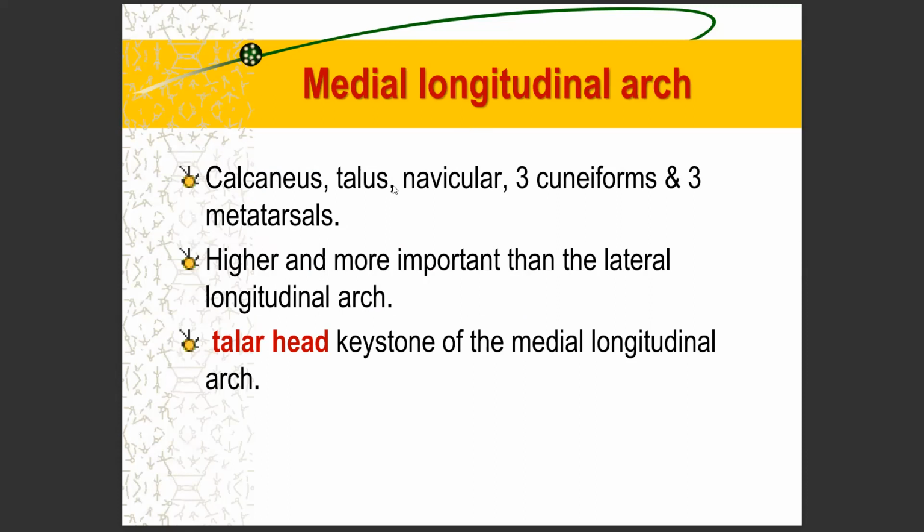So the calcaneus, talus, navicular, and three cuneiforms make six tarsals, while there are 7 tarsals, which means the cuboid is not involved. The remaining 6 tarsals and the 3 metatarsals collectively make that medial longitudinal arch, which is higher and more important than the lateral longitudinal arch, as we discussed in the previous slide.